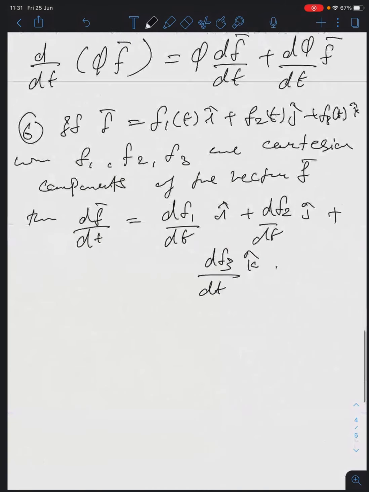Now here a statement I want to know, what should be the necessary and sufficient condition for a vector to be a constant vector function? Can you tell?